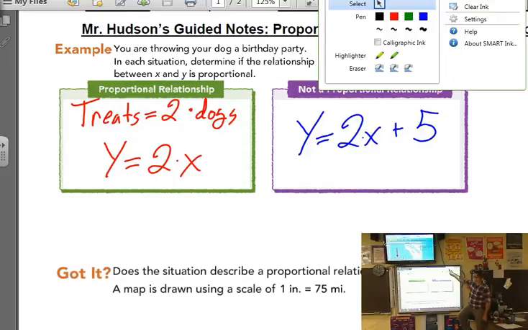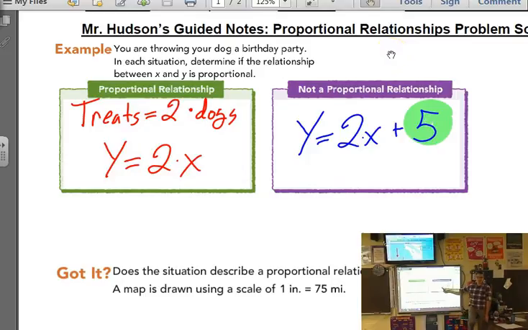This addition beyond the number times the x makes it not proportional. So if I only had the y equals 2x, we would be proportional. But as soon as I add or subtract anything else on, it's not proportional.